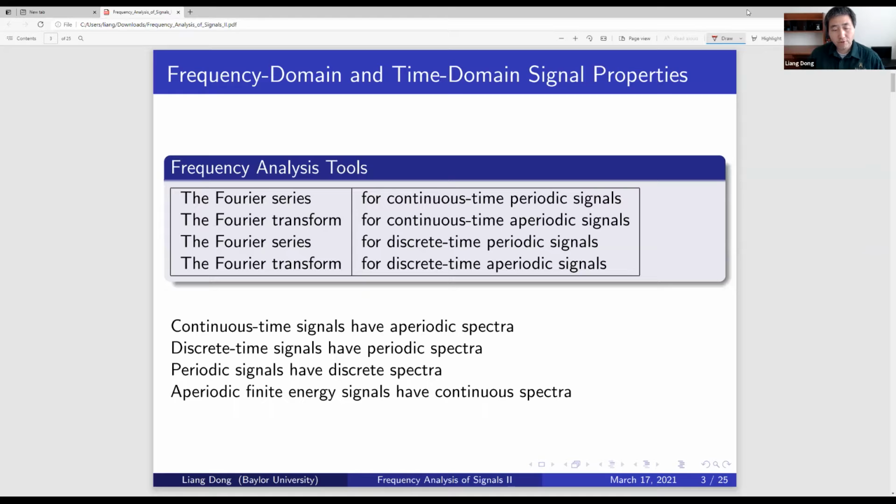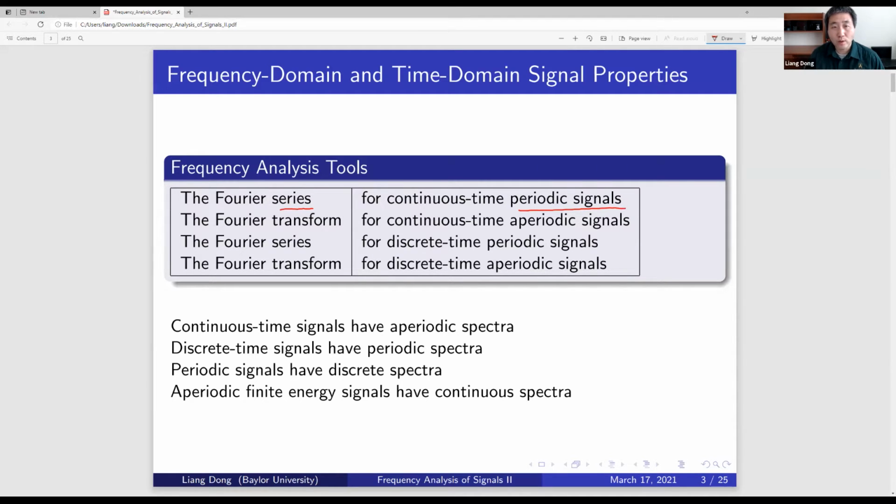So for frequency analysis, we have the Fourier series expansion and the Fourier transform. In general, there are 4 different items. The first is the Fourier series expansion for continuous time periodic signals. Why do we have a series expansion here? Because I have a periodic signal.